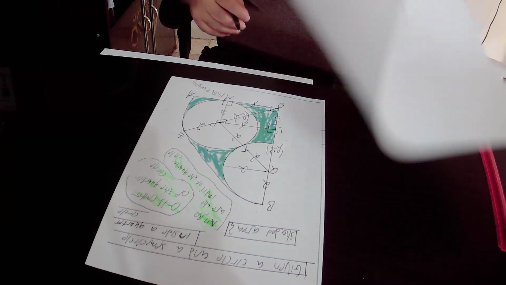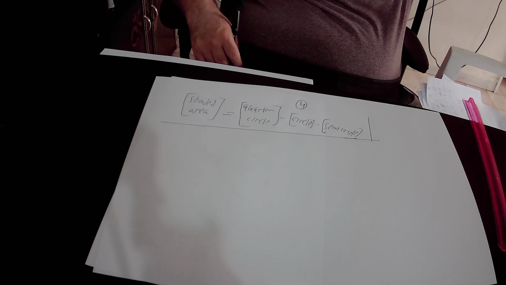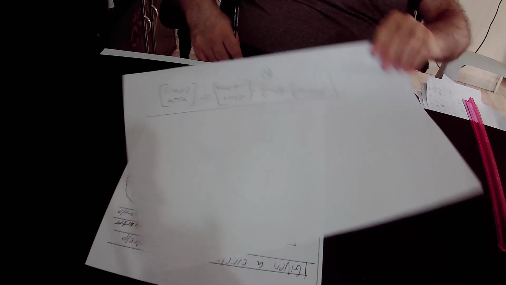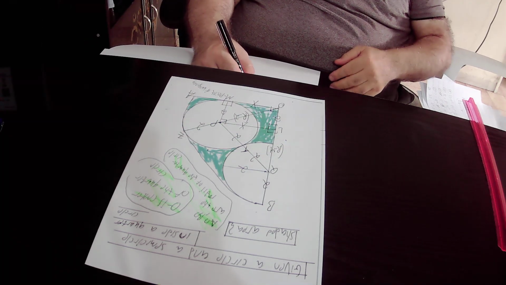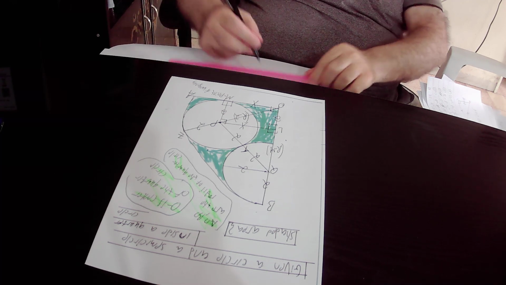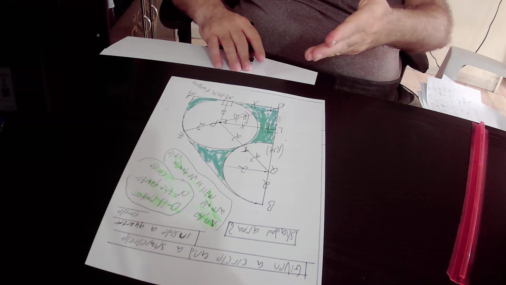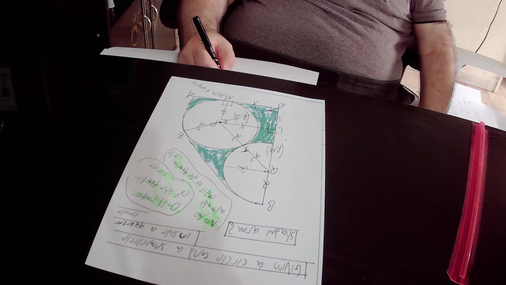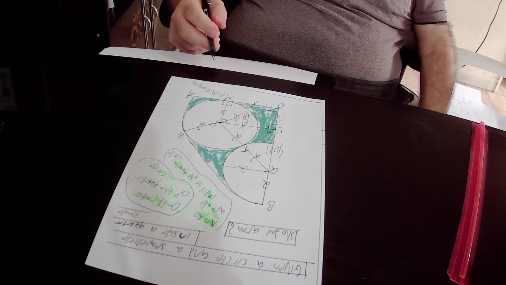I'll repeat again. The value of the shaded area equals the area of the quarter circle minus the area of the circle minus the area of the semicircle. So the value of the shaded area equals the area of the quarter circle, and I've already mentioned that the area of the quarter circle equals pi R squared over 4, R equals 6, minus the area of the circle.